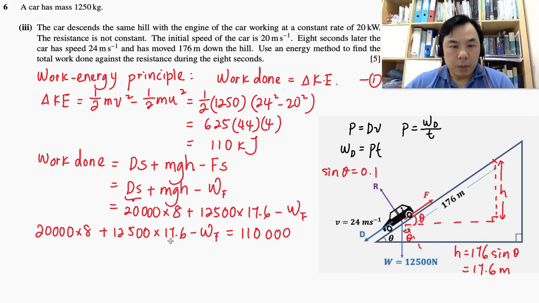So from here, we can finish up this calculation. We have 17.6 by 160, and then this part here we have 220,000, and then we have the work done against the resistive force.